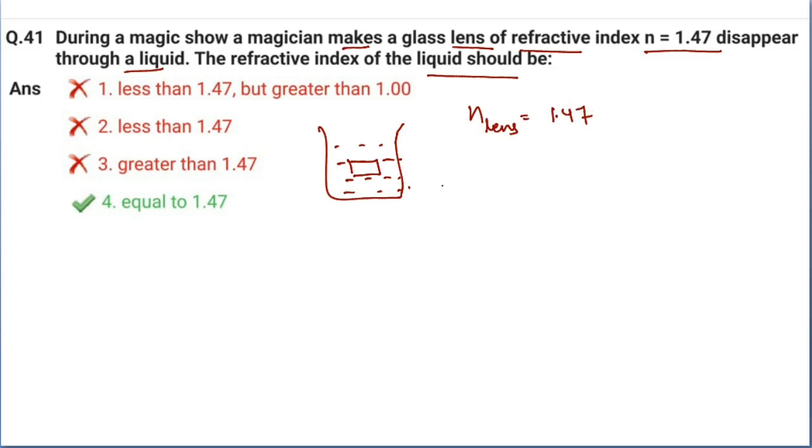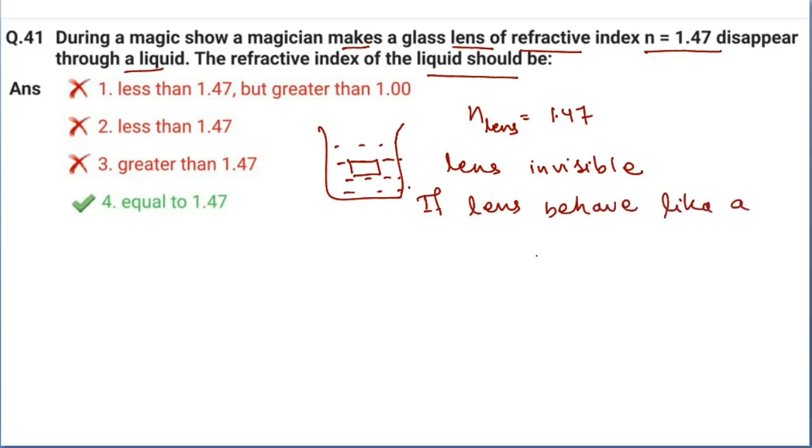If the lens disappears, that means the lens is invisible over here, and it will happen if the lens behaves like a plane sheet or plane mirror. Then what is the focal length of the plane mirror?